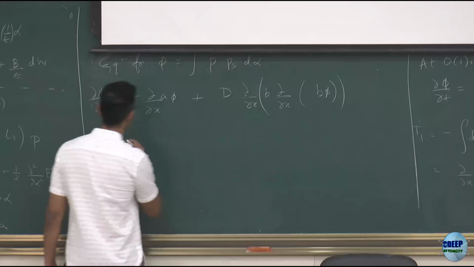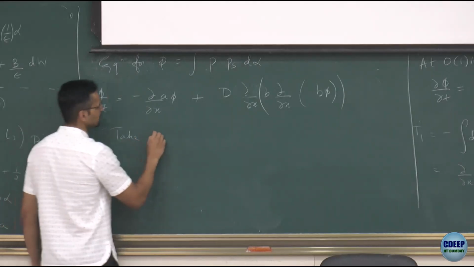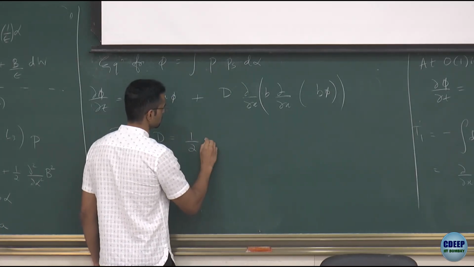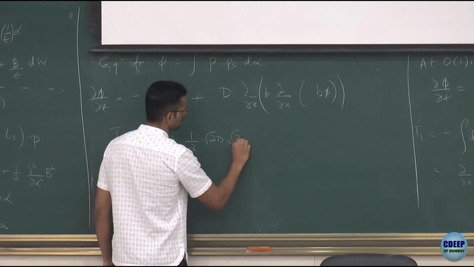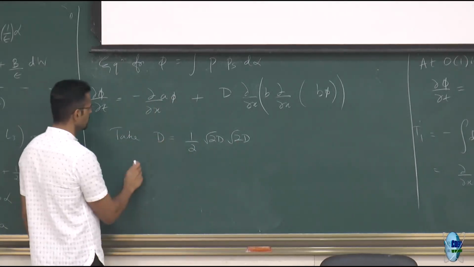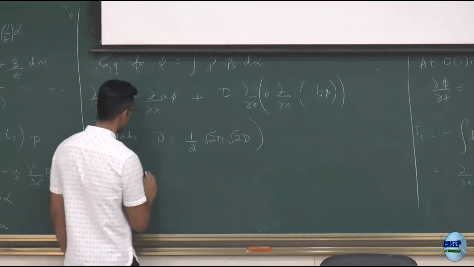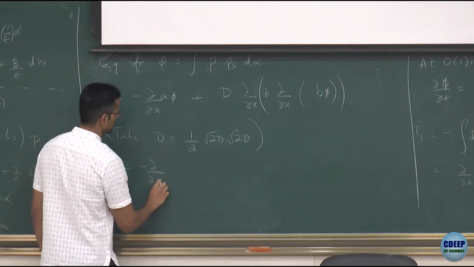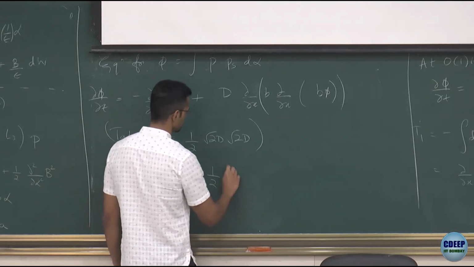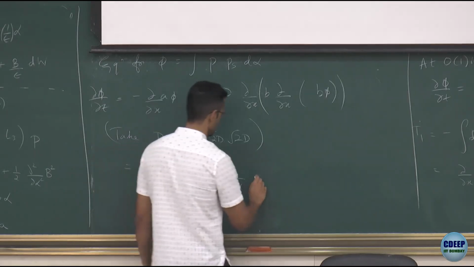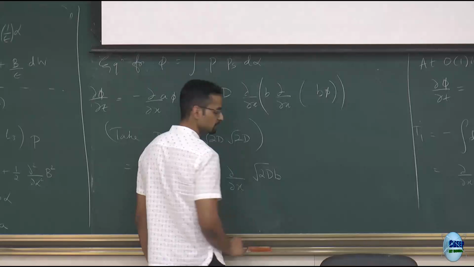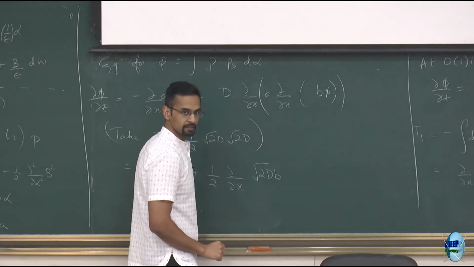And now I can take D to be equal to, right? Okay, so I can split it and put in the half. So then I will get one by 2 dou x of root 2D times B.